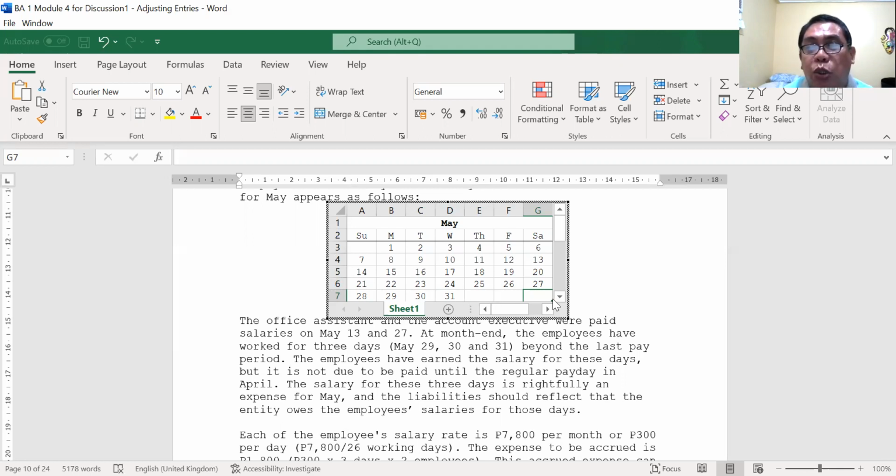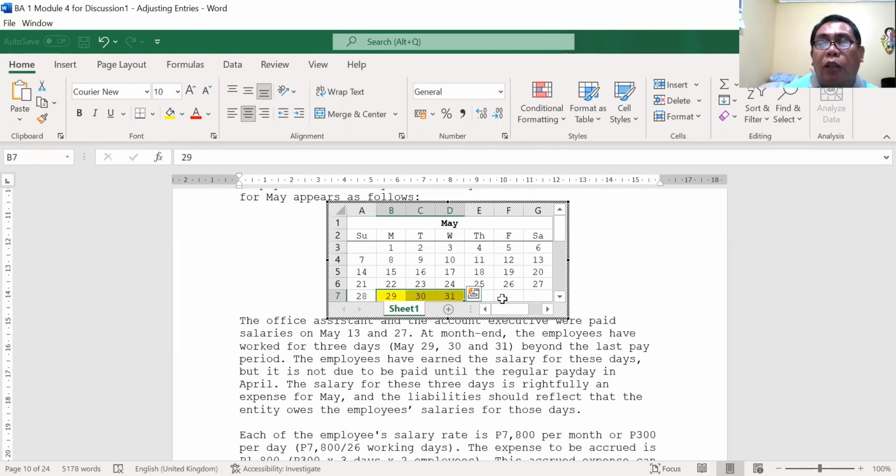The next payday is June 10. But the end of the month is already May 31, so the accrued expense should be for May 29 to May 31. In yellow, that is the accrued expense.